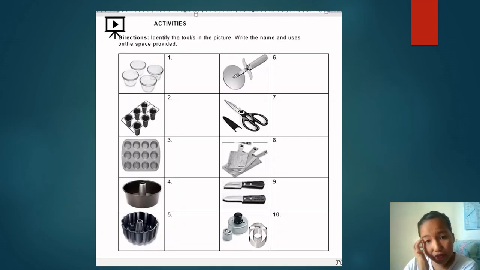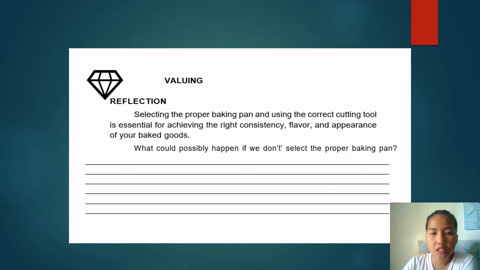Next, in your first activity, you have to identify the tools in the pictures. You are going to write the name of the tool and its uses in the table, items 1 to 10. Next, in valuing, write your answer in the space provided.